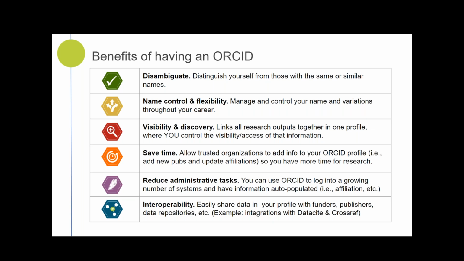So I have a maiden name and then my hyphenated married name. In ORCID, I can control all those variations. Within ORCID, it does increase your visibility and discovery. It can save you time and reduce administrative tasks. These two things are tied together.